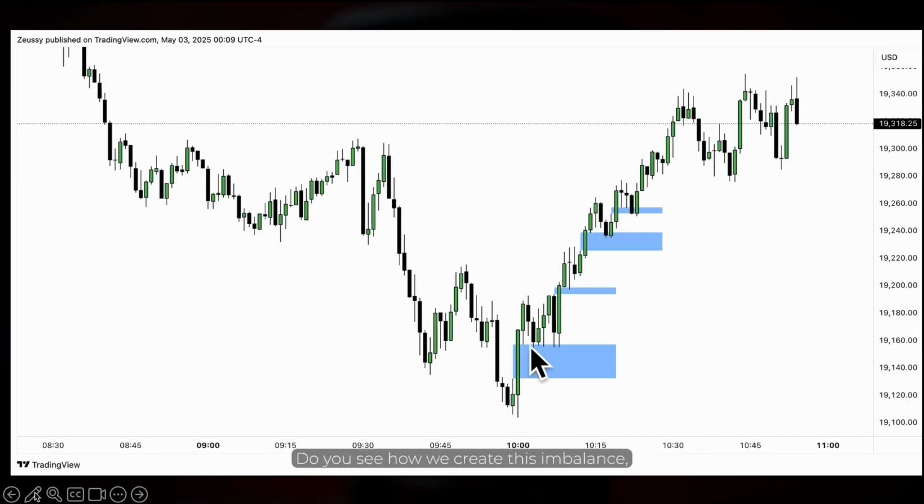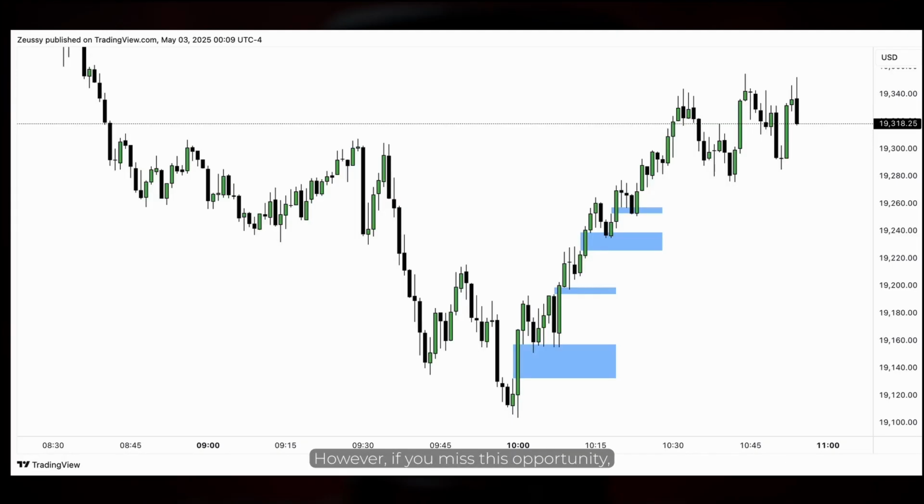Do you see how we create this imbalance, this bullish fair value gap? Do you see how there was a lack of sell side delivery between candle 1's high and candle 3's low? When price retraces into that imbalance, that's the first entry opportunity. That's our potential low risk buy.